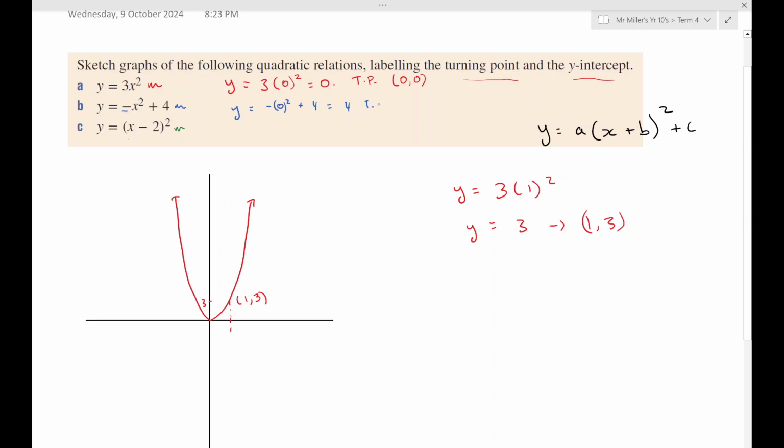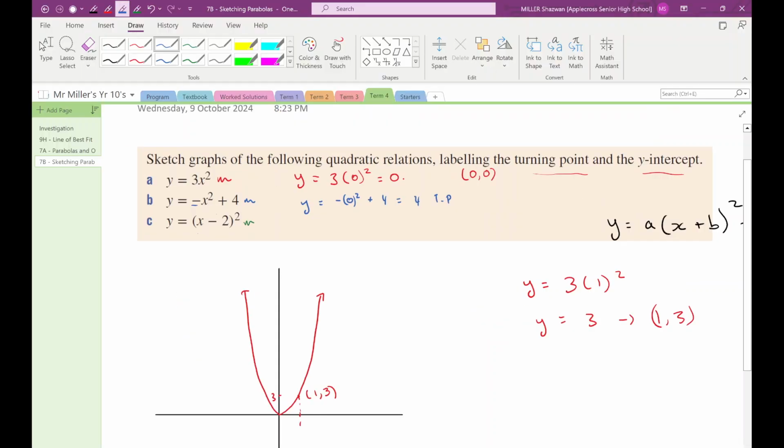So the turning point... oh, sorry, not the turning point. Did I say turning point here as well? It was the turning point for a, but I meant to say the y-intercept. Sorry. And here for the blue, the y-intercept is going to be (0, 4). So maybe that's up here somewhere.